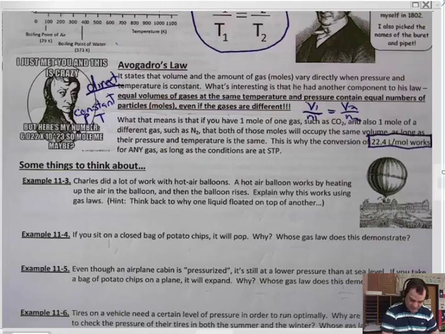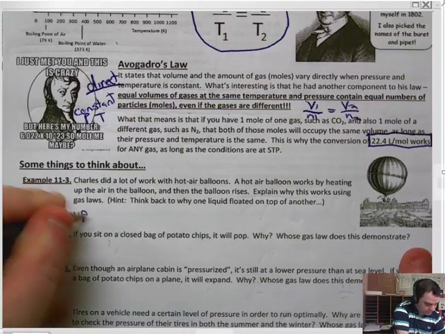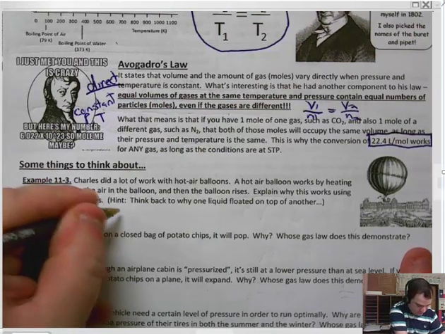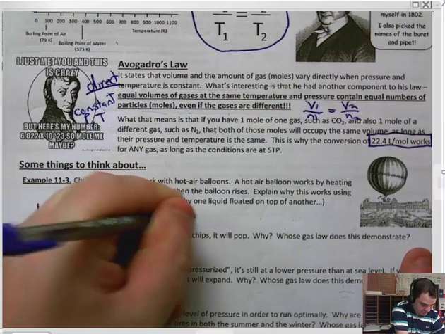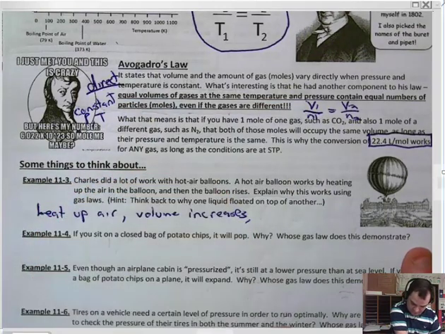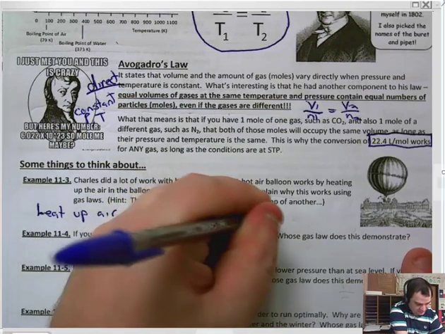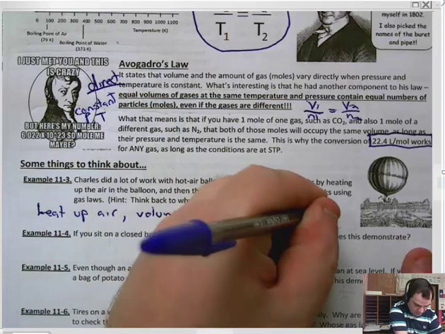So if you heat up the air, the volume increases. Molecules spread out because they're moving faster because the temperature is increasing.